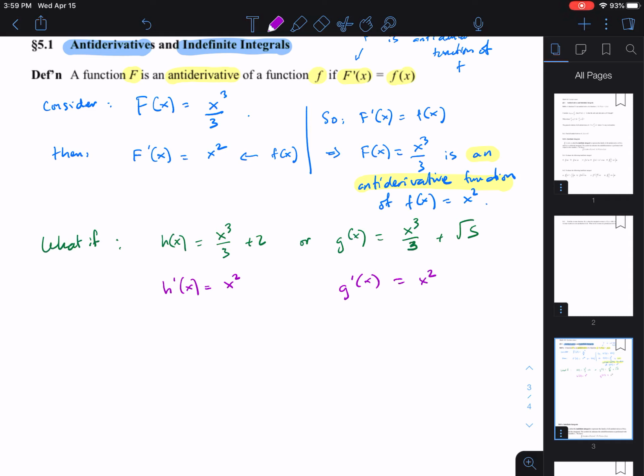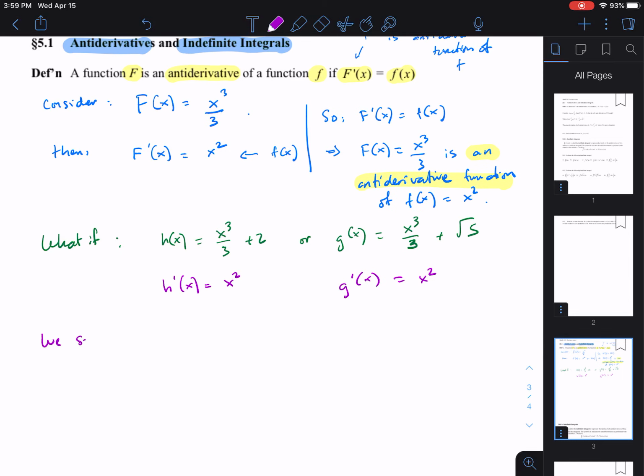So look at this. We have the derivatives of these two different functions. h of x and g of x are two separate functions, different by a constant, and those two produce the same derivative, x squared. So in this case, we say that both h of x and g of x are antiderivatives of the function f of x equal to x squared.